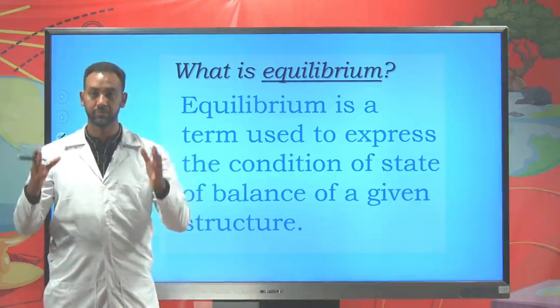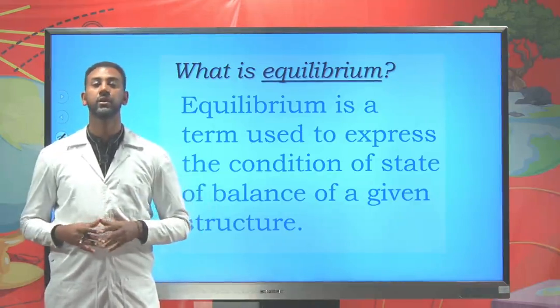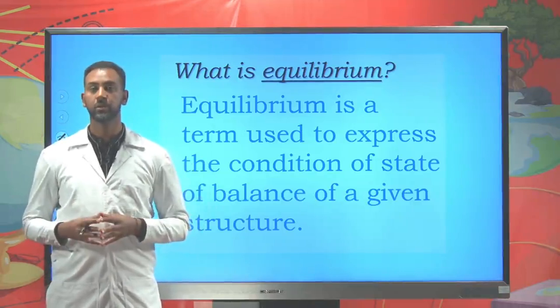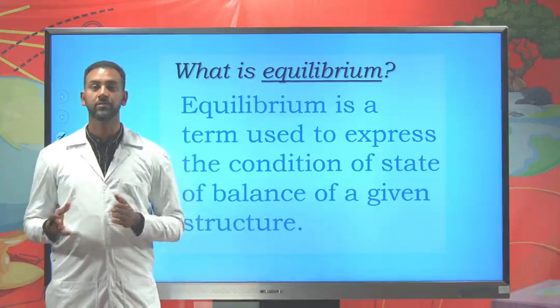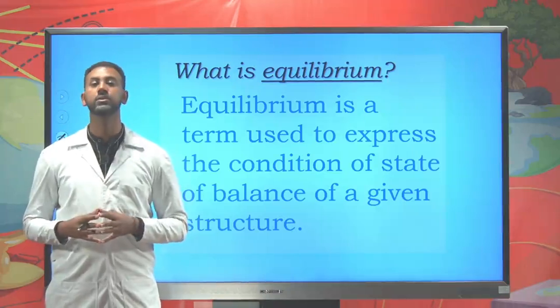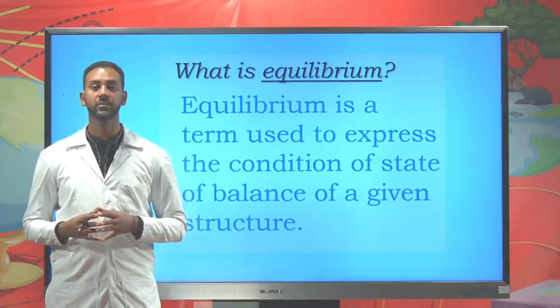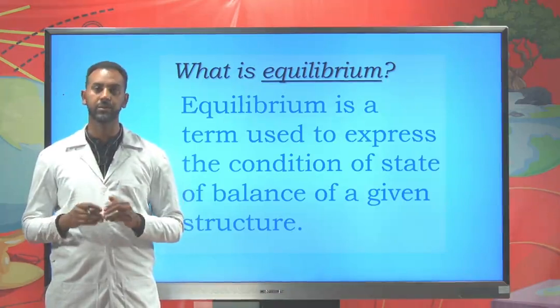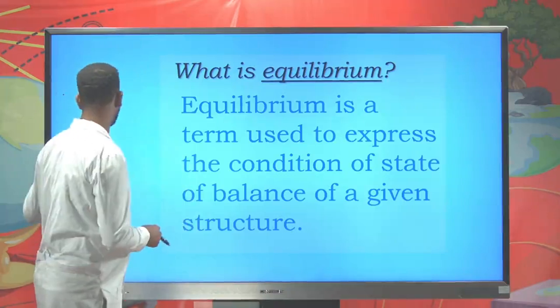If you have a building, that building should be in a state of balance, or in a state of equilibrium, for it to function properly. Unless that system is in a state of equilibrium or balance, it will collapse. Therefore, this is what we call equilibrium. Equilibrium is a measure of the state of balance.